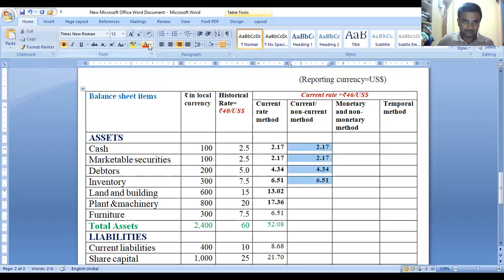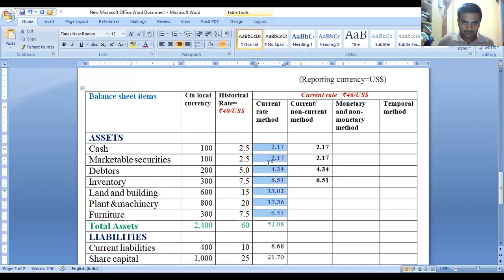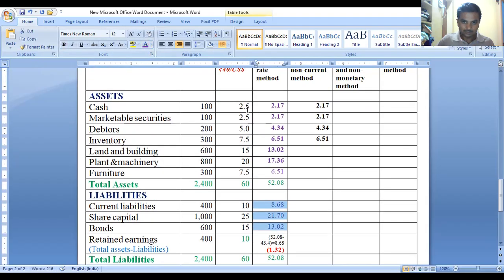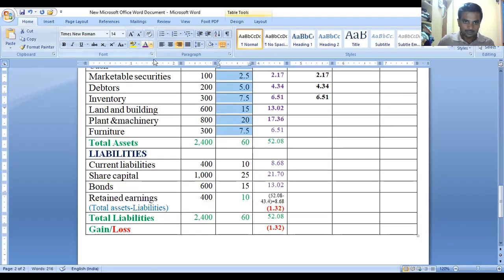Look at that. I'm going to give colors. These are current rate, these are historical rate.